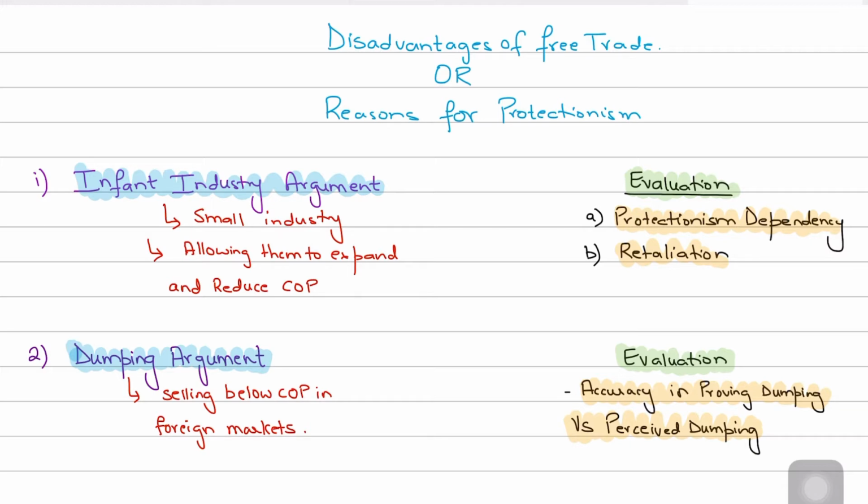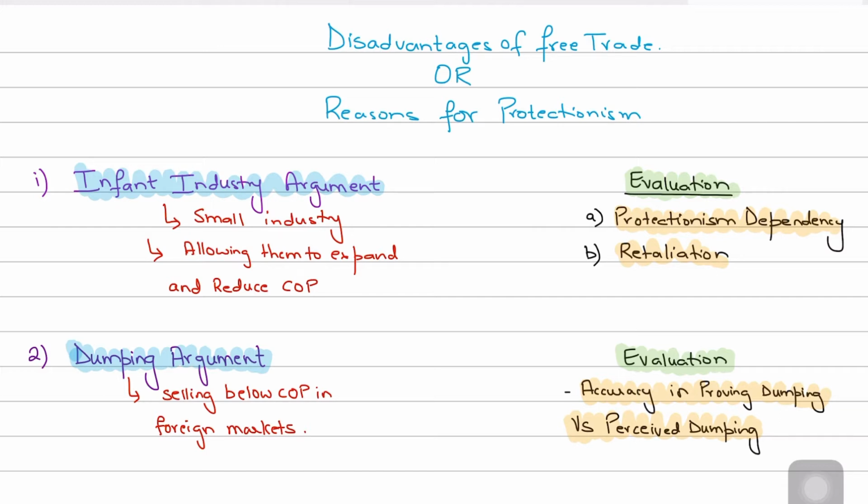And this argument becomes particularly strong when developing economies or poor countries are trying to diversify or expand into other sectors, such as from the primary sector to, let's say, the manufacturing sector or the tertiary sector, because there's a significant risk of over specialization in the primary sector.